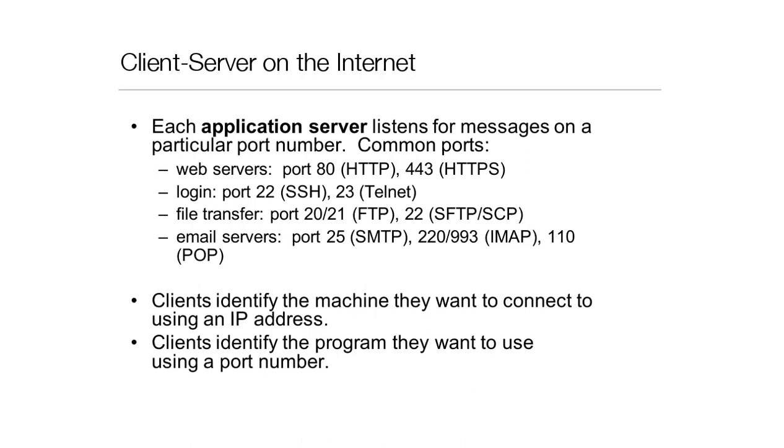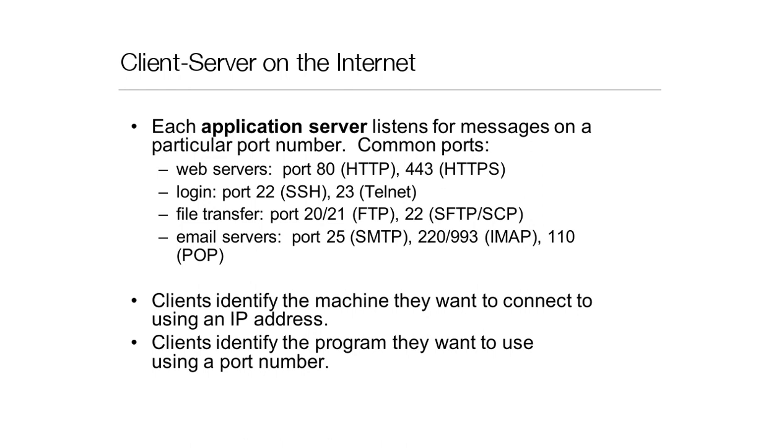And then the other layers work on the processing and the addressing, that means giving the address of the city, likewise. And here there are different port numbers for different applications. For web servers, port 80 or 443.